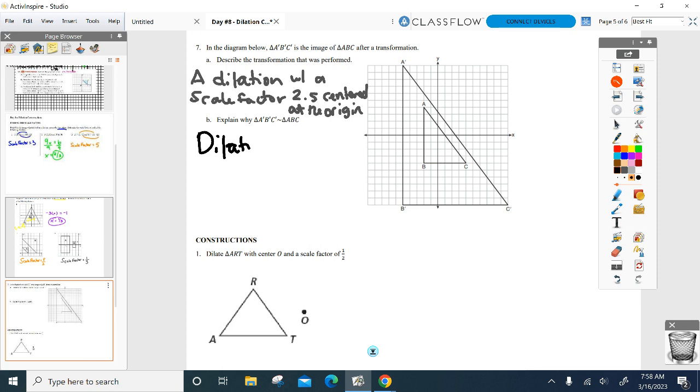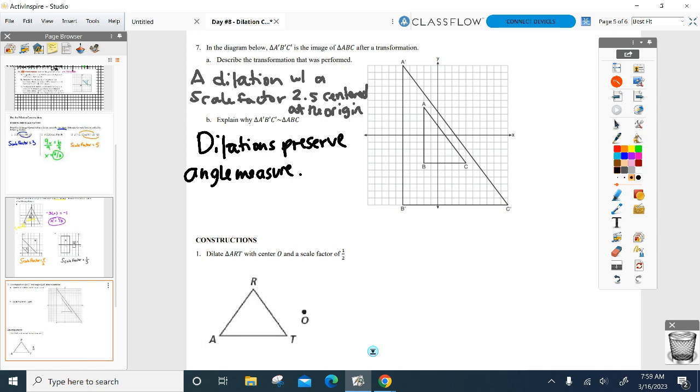Dilations preserve. What's the only thing dilations preserve? And there you go, right? Not distance like the rigid motions do, just angle measure. Dilations preserve angle measure.